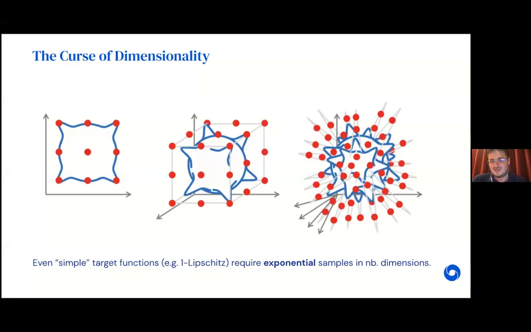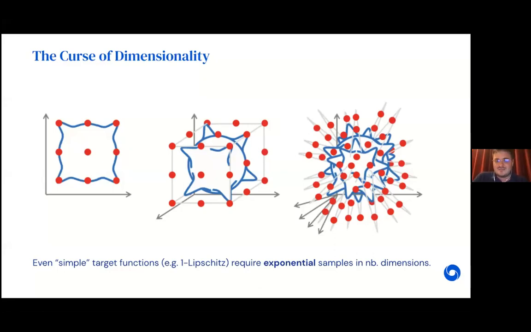cursed estimation problem. Even if you restrict yourself to a set of very simple target functions, such as the one Lipschitz functions, you can easily construct a very painful counterexample, such as this spiky Lipschitz ball, where as the number of dimensions increases, the number of training points, these red points, that you need to fit the curve properly in a way that generalizes nicely, grows exponentially with the number of dimensions.